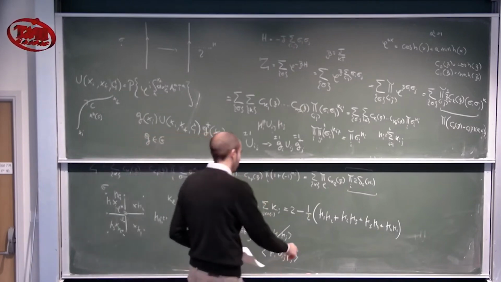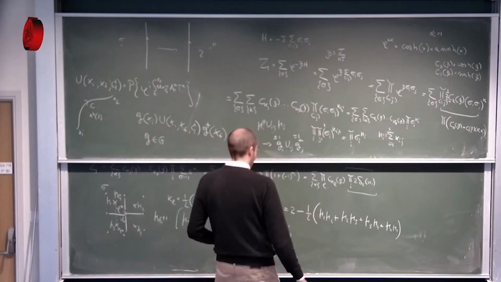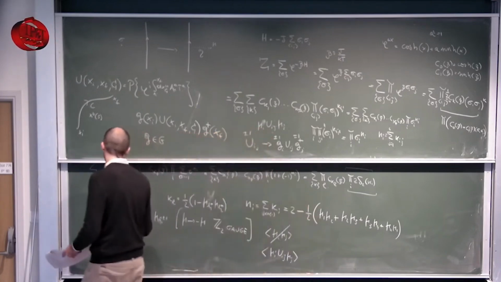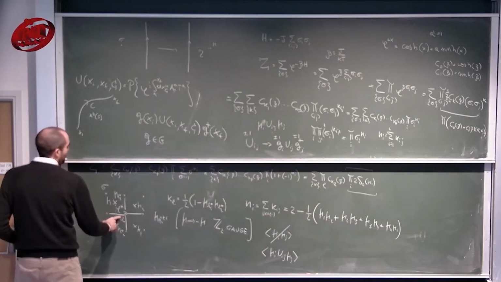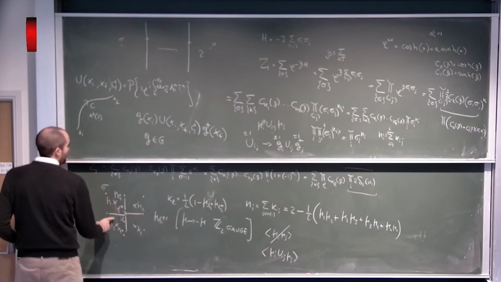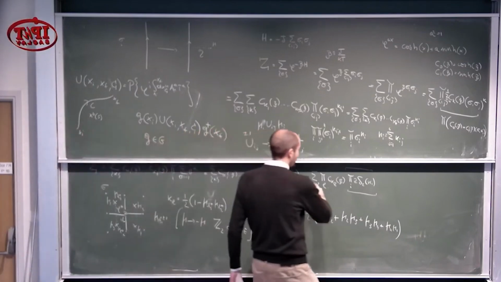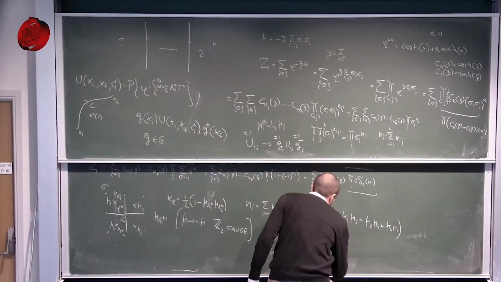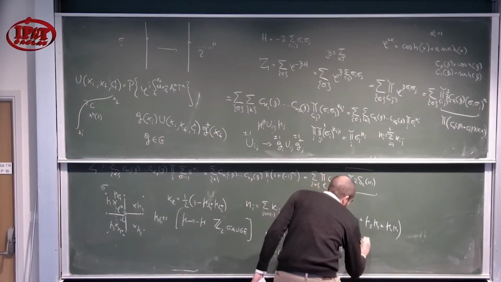So now I have these dual variables mu, and as I've already shown you, for each link in the original lattice, there are 2 mu's that you can associate to it in this representation. So in principle, I can replace the sum over k with a sum over mu.